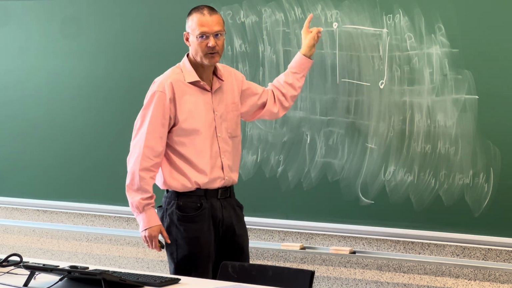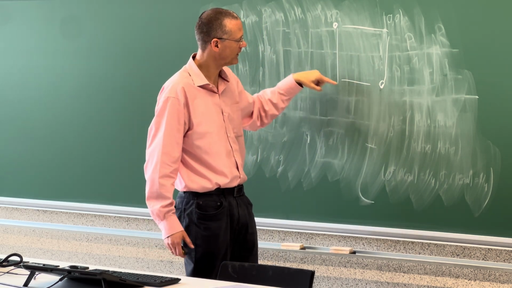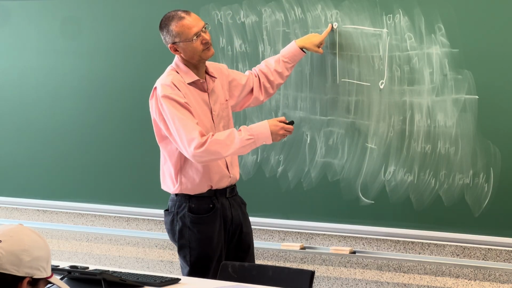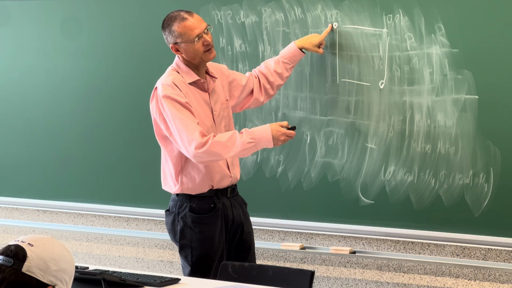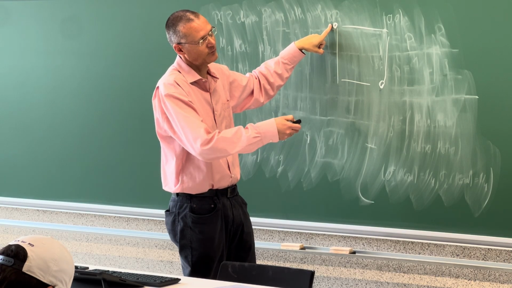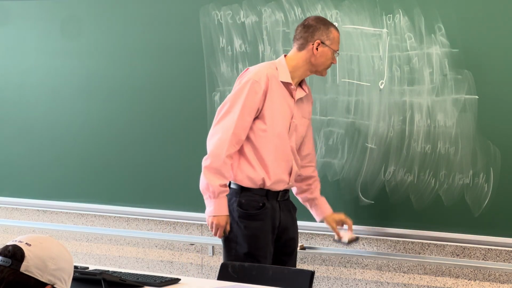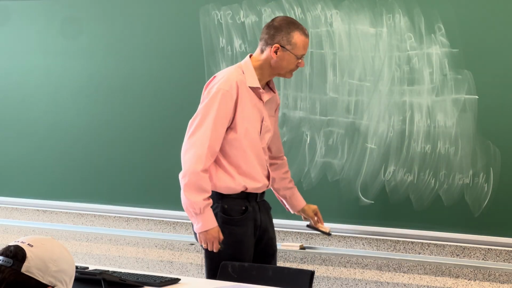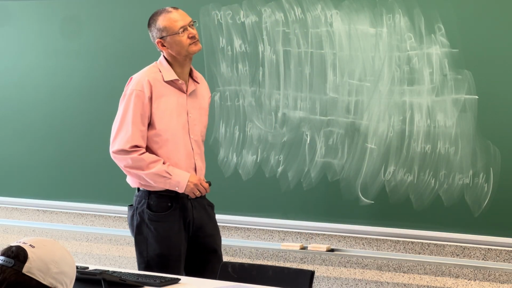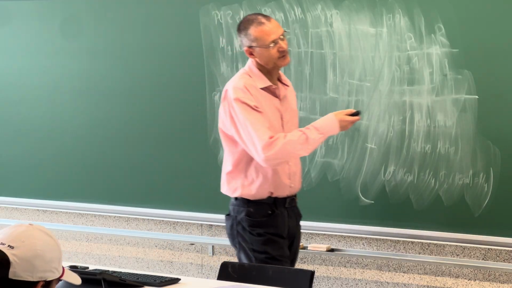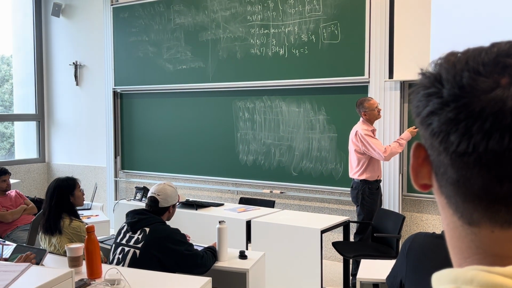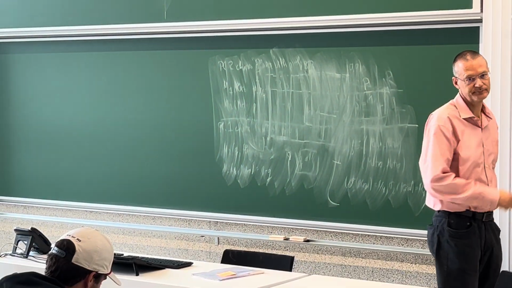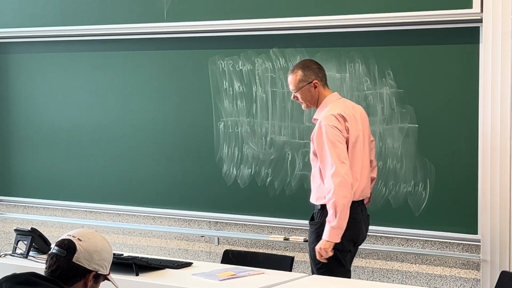One guy chooses 0, the other 1. So this one corresponds to Q equal to 0 and P equal to 1, and this corresponds to P equal to 0 and Q equal to 1. So they are in different forms.